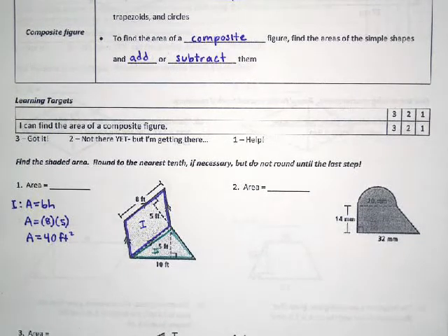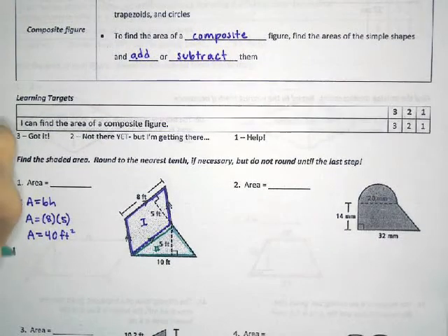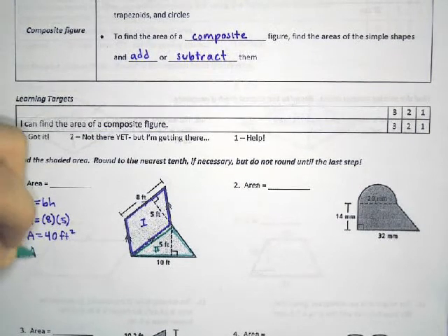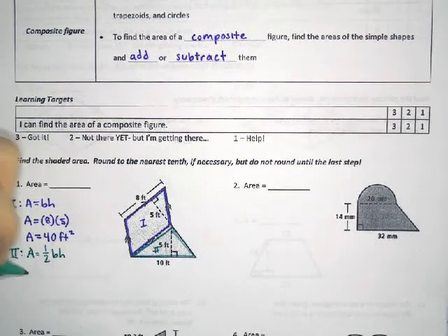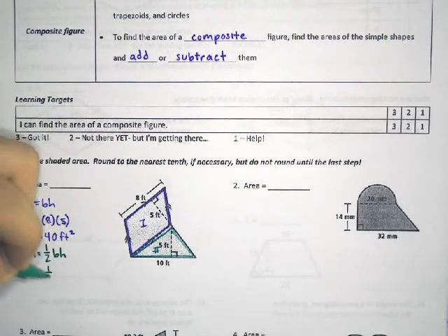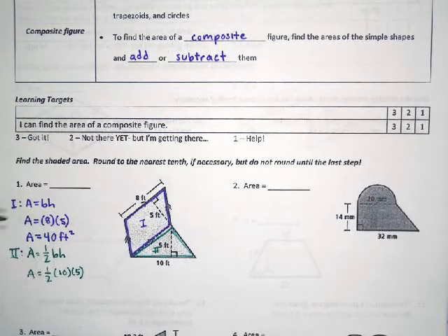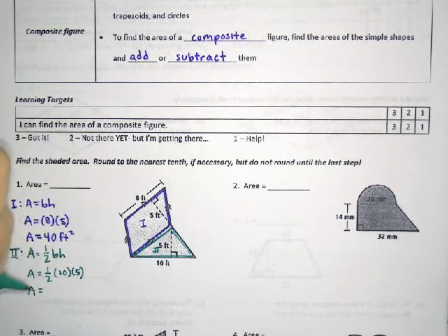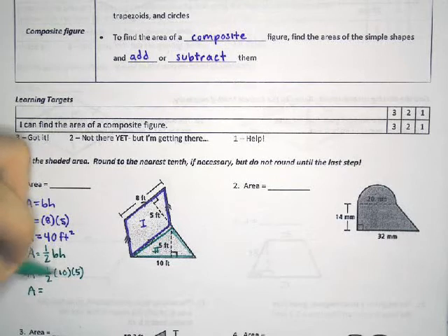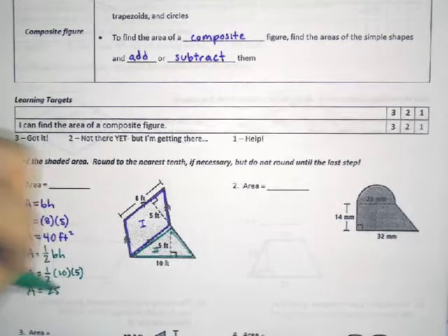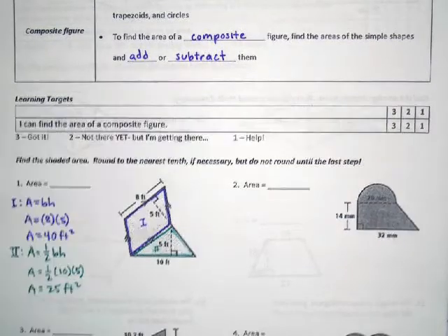Awesome. Let's move on to shape 2. Triangle. A equals 1/2 base times height. A equals 1/2. Plug in the 10 and the 5. Well, area equals, either go to the calculator or do in your head, 25 feet squared.